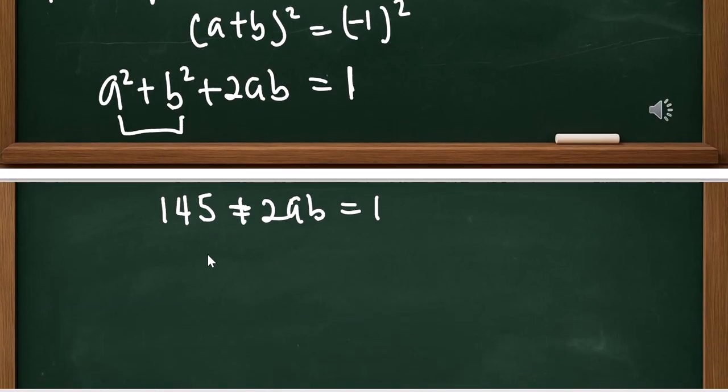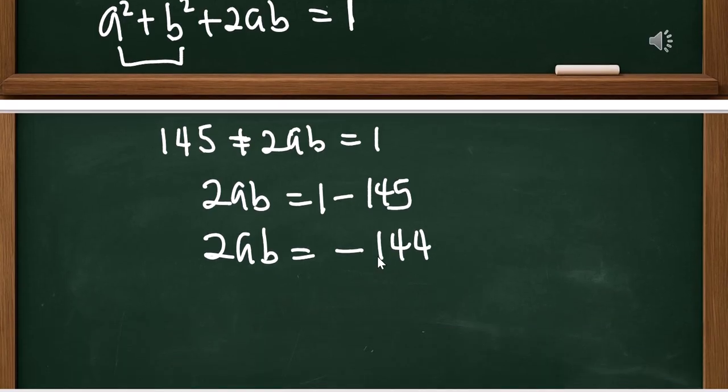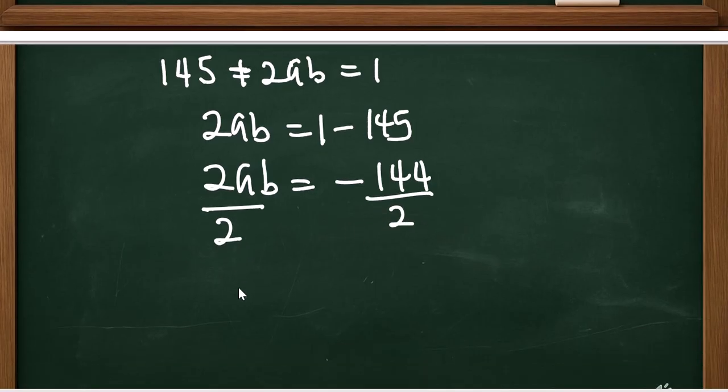So here, I'm going to have 2ab equals 1 minus 145. So here I'm going to have 2ab equals negative 144. Now, the next thing to do is to divide both sides by the coefficient of ab, which is 2. So here I have my ab to be equal to negative 72.